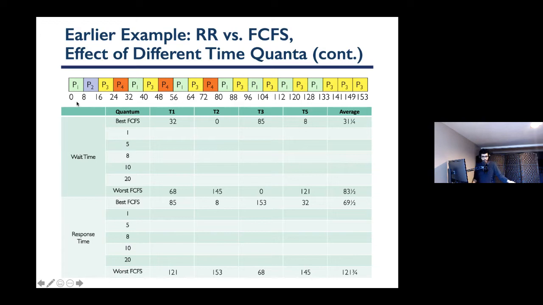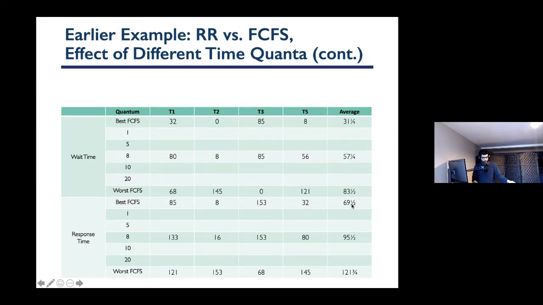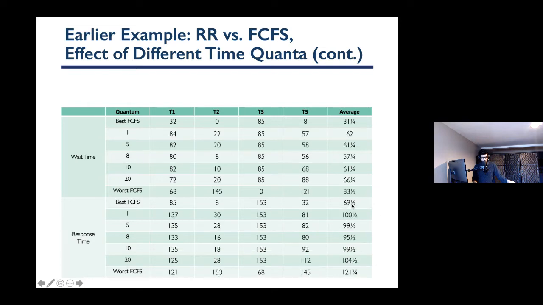So let's start with 8. And as you can see here, P2 only runs here and gets done, and then you're just context switching between different tasks. And if you do the math for time quantum size of 8, these are your numbers. Now, we're not going to do the rest of them one by one. You can see how it works. You can do it at home for different time quanta and see what happens.